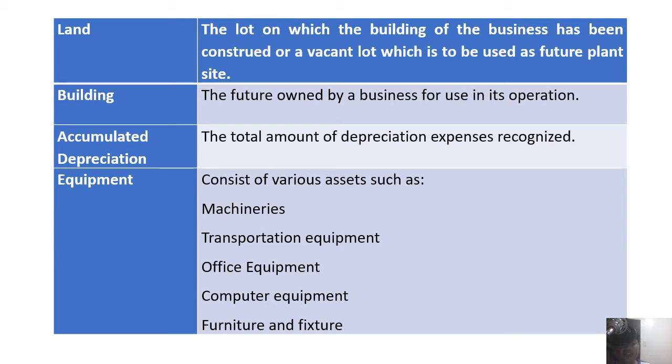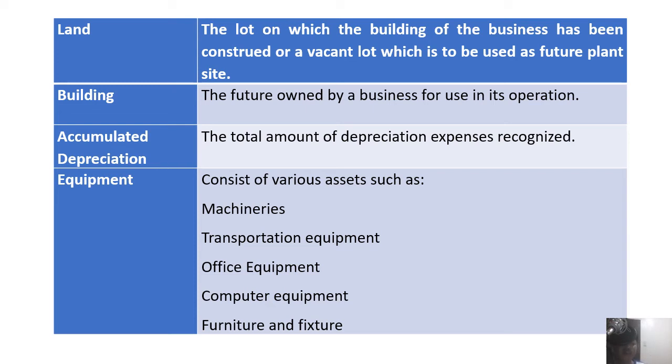Accumulated depreciation, the total amount of depreciation expense recognized. So, yung mga depreciable assets kasi, periodically, nababawasan yung value nila. Yun yung concept ng depreciation. Yung properties, nagdi-decline ang value due to wear and tear.